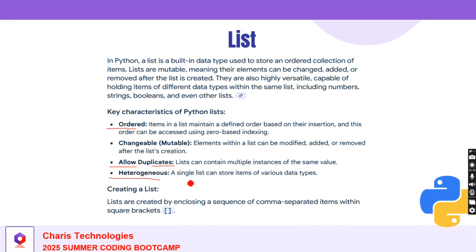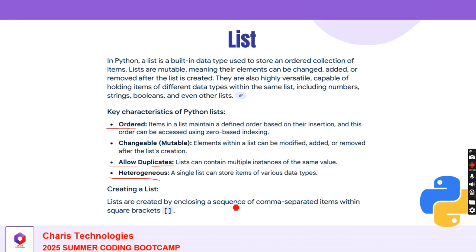Lists are heterogeneous. What do you mean by that? A single list can store items of various data types. So in a particular list, you can have numbers, integers, strings, even another list. You can have different data types in a list.